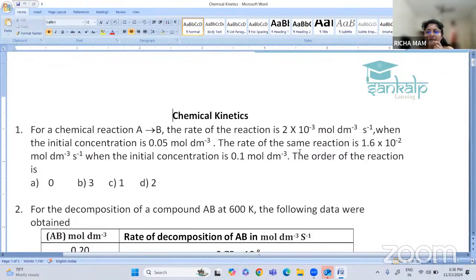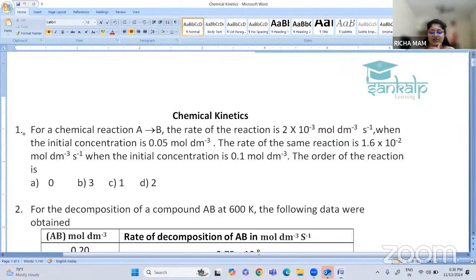The rate of the same reaction is 1.6 into 10 raised to minus 2 mole dm minus 3 per second when the initial concentration is 0.1 mole dm cube. What is the rate of the reaction?